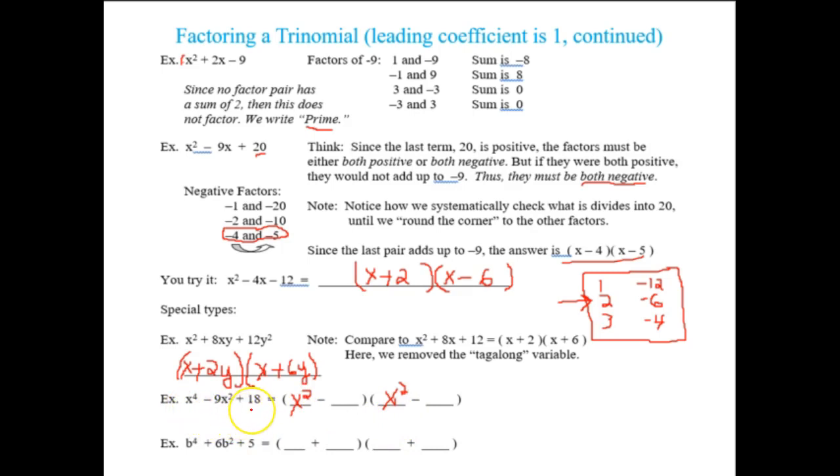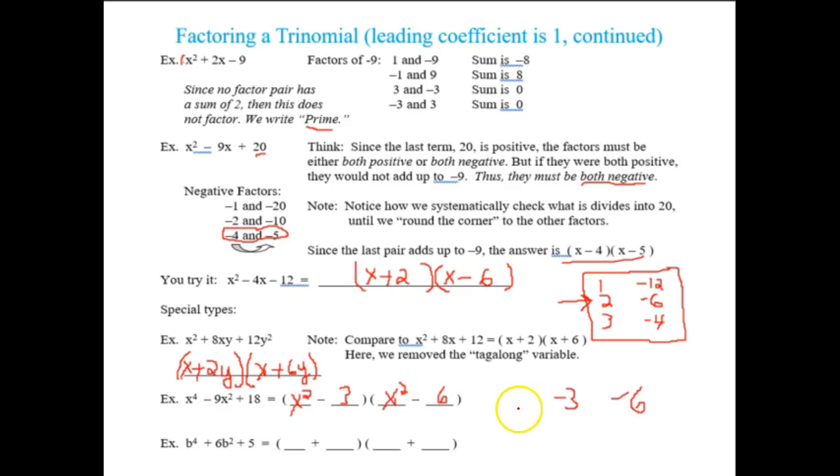So what are the factors of 18 that add up to negative 9? You could use negative 3 and negative 6. Both have to be negative because they have to add up to negative 9. So the answer would be x squared minus 3, and x squared minus 6.